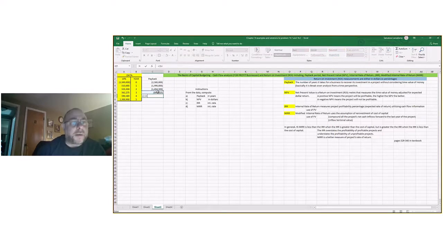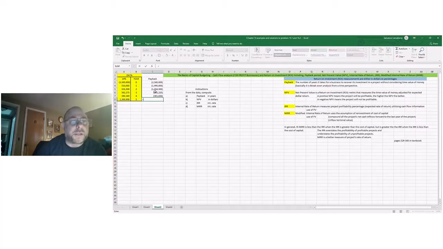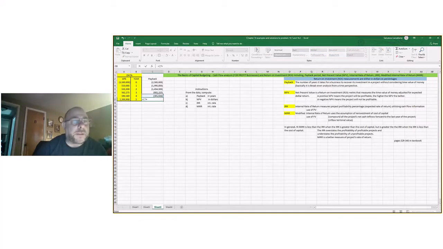Let's take that number and add back the amount that we got in year 4. And notice I'm still not at zero. So I've gone through 4 years and I still haven't made my money back. But look what happens in that 5th year. I made 1,369,000. That's going to put us into the positive. Right? So let's just finish off what we were doing here. Let me add this 1,369,000 to show you that we now have a positive result.